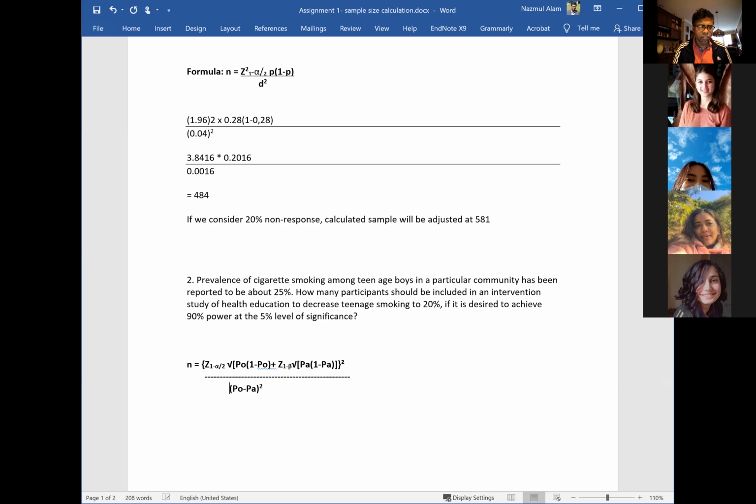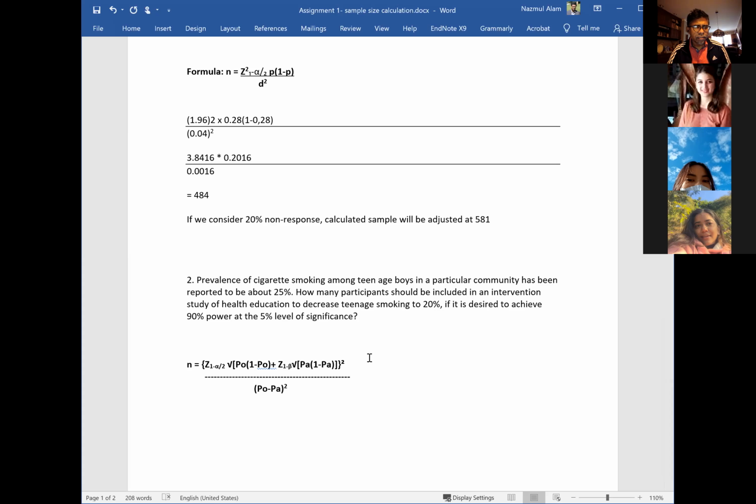Professor, I'm sorry, I was disconnected. So we are using this formula, right? You have to find out the right formula. Yeah, we have two formulas, right?